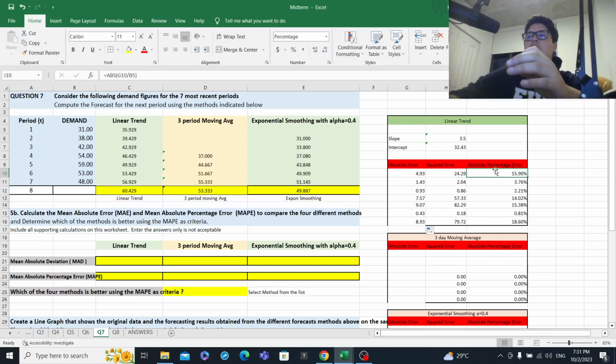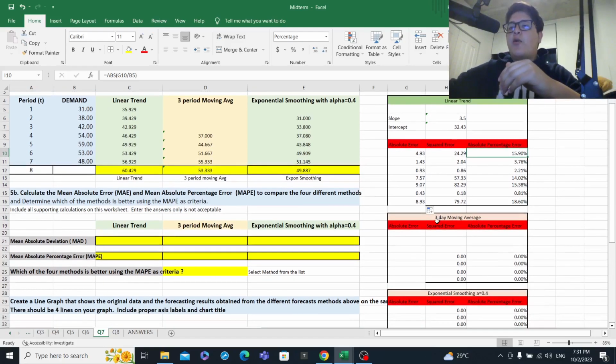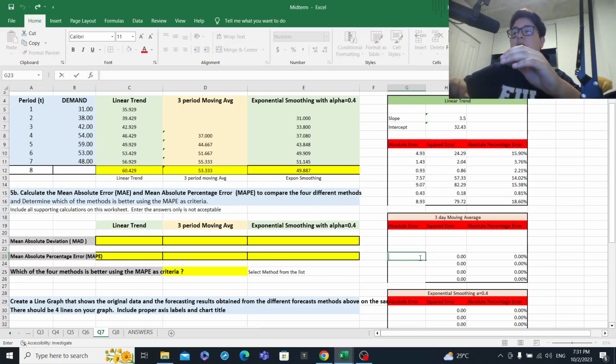And for the absolute percentage error, I have this formula that is the absolute of G10, that is going to be the absolute error, and B5, that is the demand. Okay, are you guys following? Now we move on and do the exact same process for the 3-day moving average.